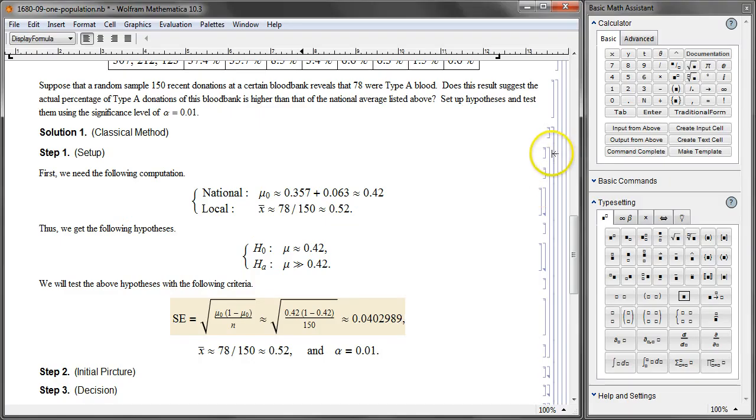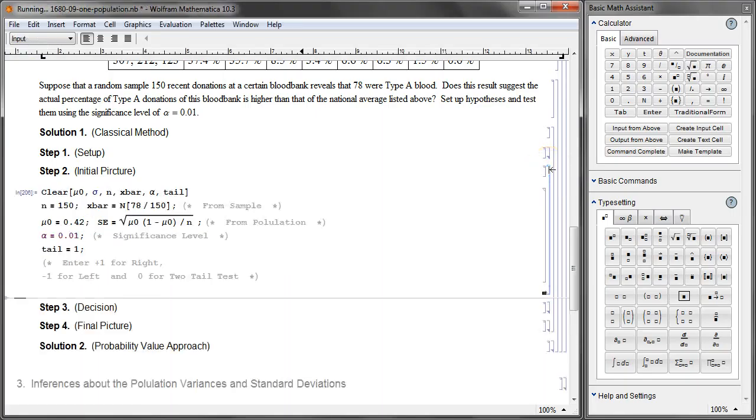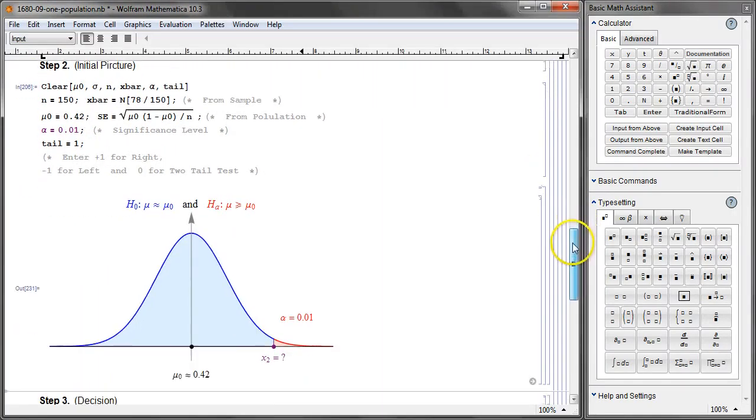All right. Now that we found out all these, let's draw the picture. And that picture has to be drawn around the null value of 0.42. And where is 0.52? Well, it depends upon the critical value here.